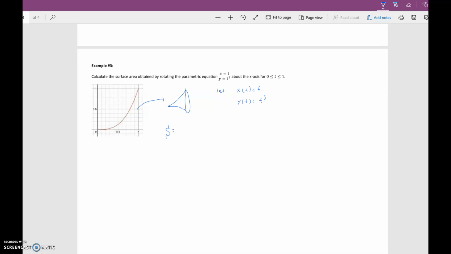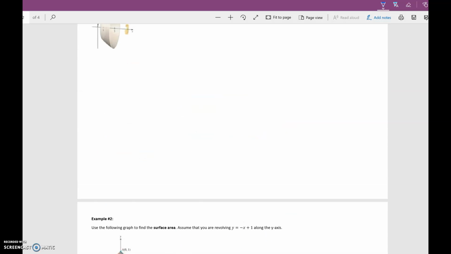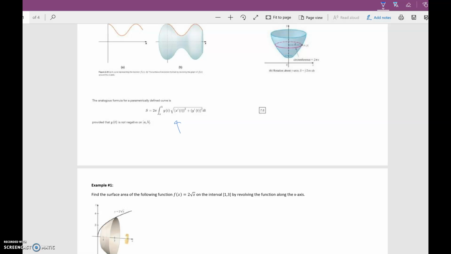So we're going to be evaluating the integral from 0 to 1 of 2 pi y of t times the square root of x prime of t squared plus y prime of t squared. And all of this is in terms of the values of t. Let me just double check that I didn't skip anything. No, that's it.